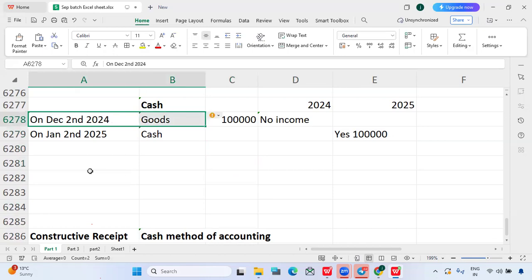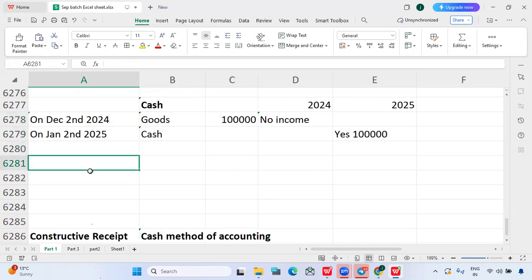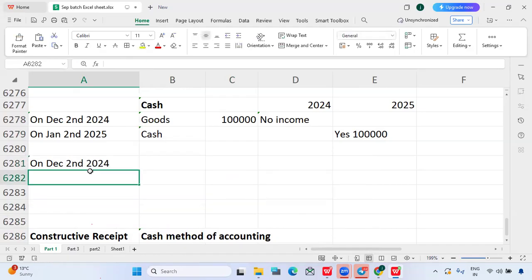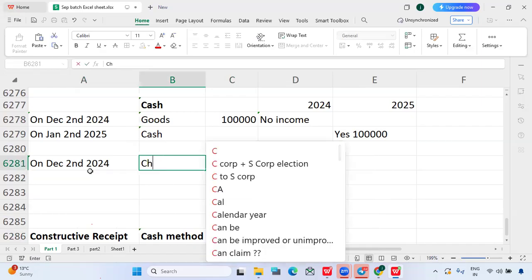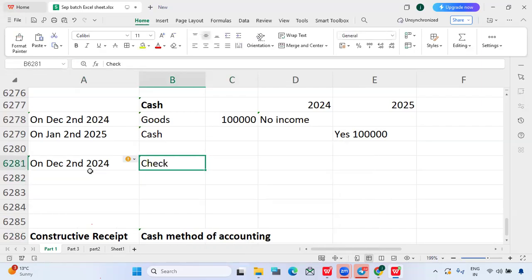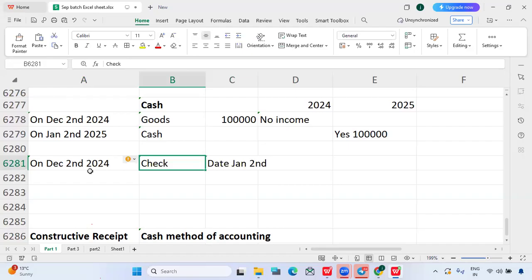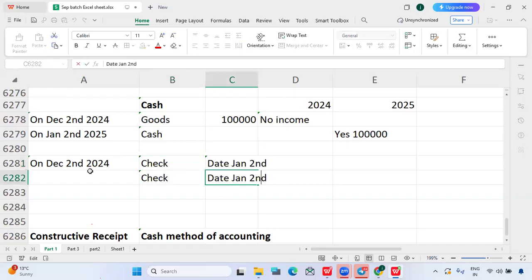On December 2nd itself, 2024, the taxpayer had given a check, and on the check we have a date of Jan 2nd. So this is one case, and in another case we have received a check dated December 2nd.